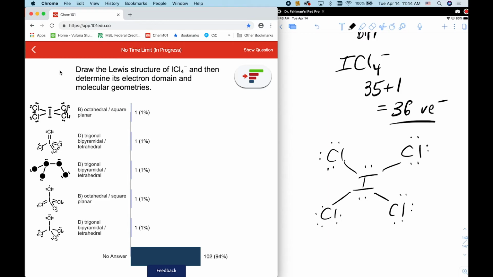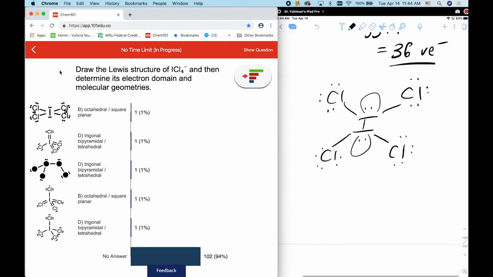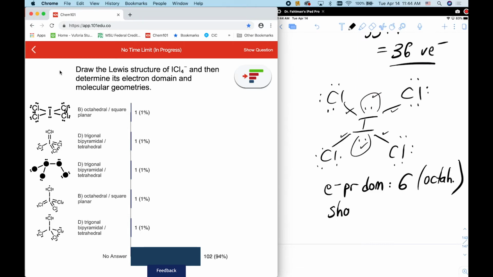So electron pair domain: you have a central atom surrounded by 6 things, whether bonds or lone pairs, so 4 bonds and 2 lone pairs. That tells you it's an electron pair domain of 6, in other words, octahedral. But its shape is square planar. So this is correct.